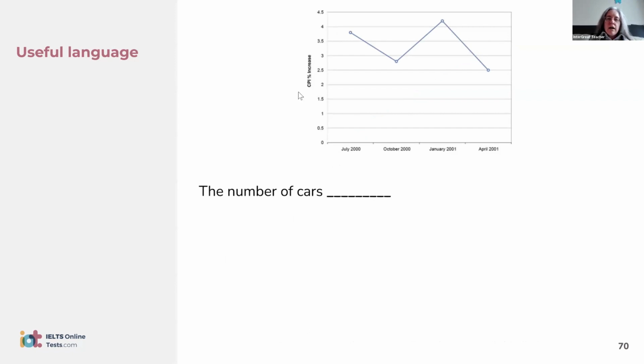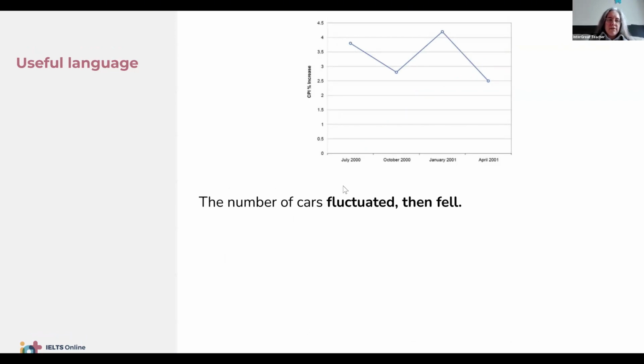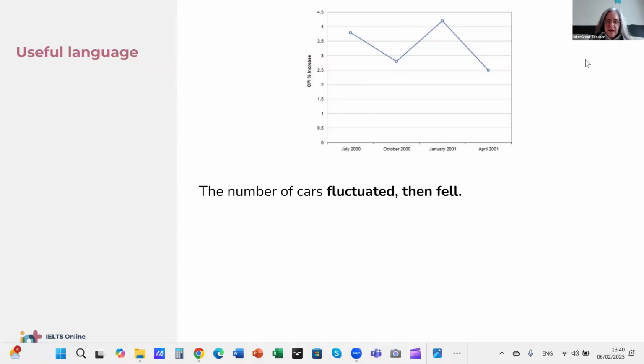So the number of cars fluctuated, then fell. I think I'll just say I don't really feel that this sentence accurately describes the graph that we can see here. But that aside, we'll still complete the gaps.